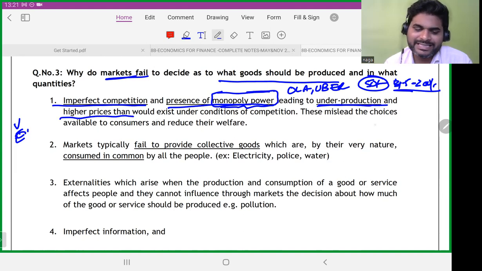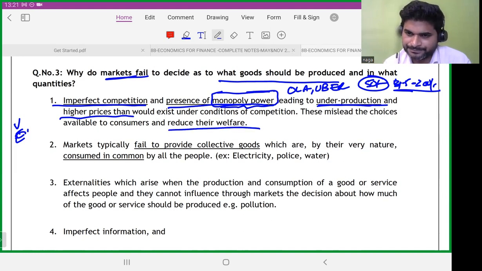These mislead the choices available to customers and reduce their welfare. The example of vaccines is a perfect example. Markets typically fail to provide collective goods, which are by their very nature consumed in common by all people. If there's a product that is consumed by everyone, generally markets fail if it is left to market forces, right?